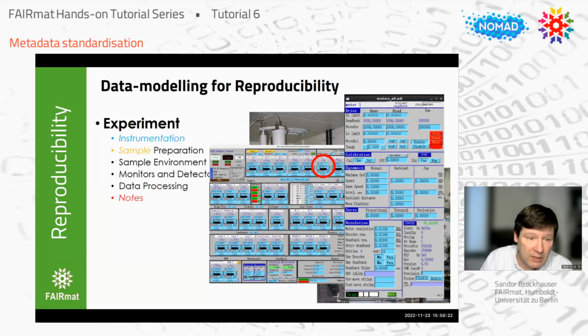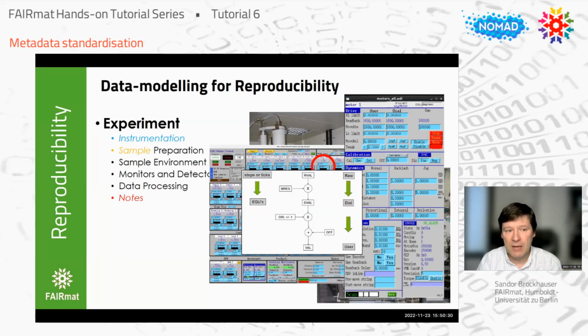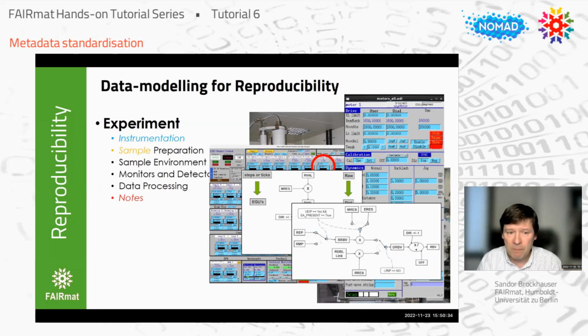What is speed, what is base speed, acceleration, backlash distance. You have to explain all of these things that you have applied during your experiment. You have to describe the different coordinate systems that you have used, and also the different algorithms that you have applied while doing, for example, backlash corrections or calibrations or anything like this. Otherwise, these are just numbers and you don't know what they mean.